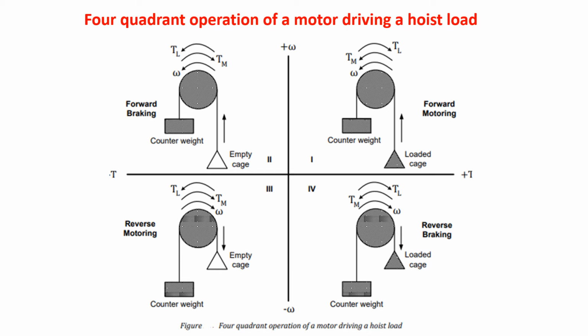You should take care. First thing, a hoist consists of a rope wound on a drum, which is coupled to the motor shaft. One end of the rope is tied with a loaded gauge, that is fully loaded gauge or empty gauge, you can say anything, and the other end is connected to a counterweight.